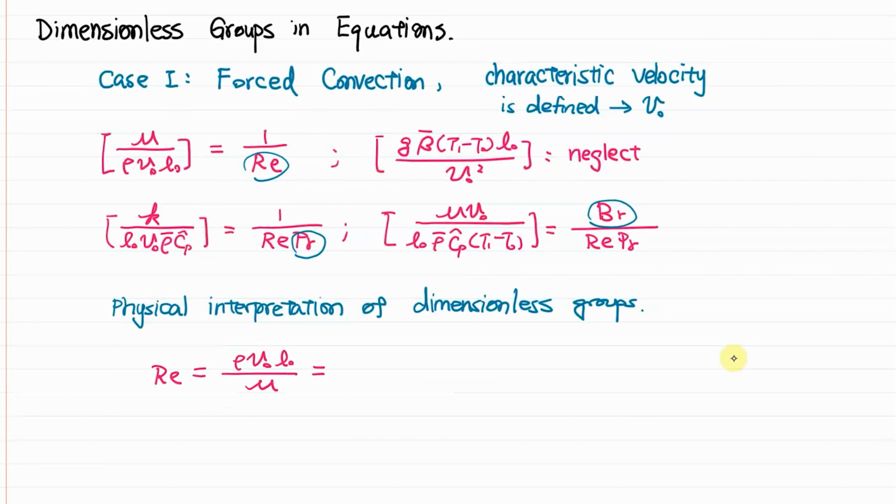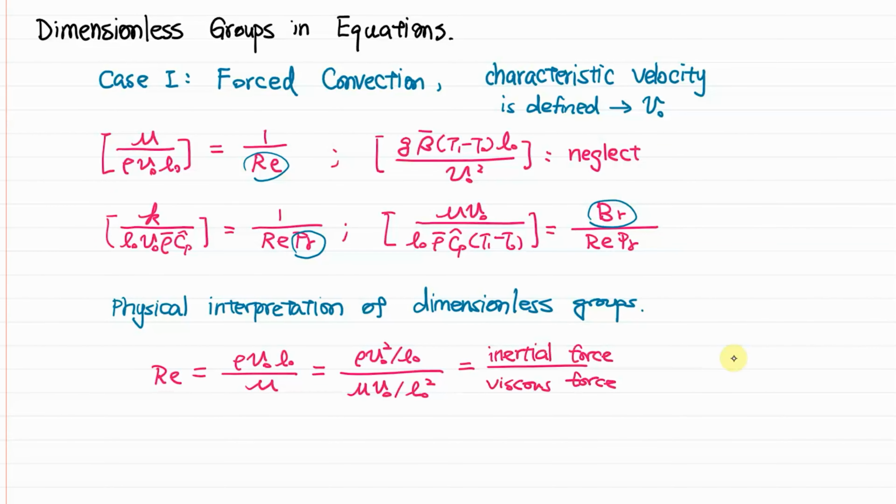It is equal to rho v naught over L naught, over mu v naught over L naught squared. So it's actually the ratio of inertial force over viscous force.